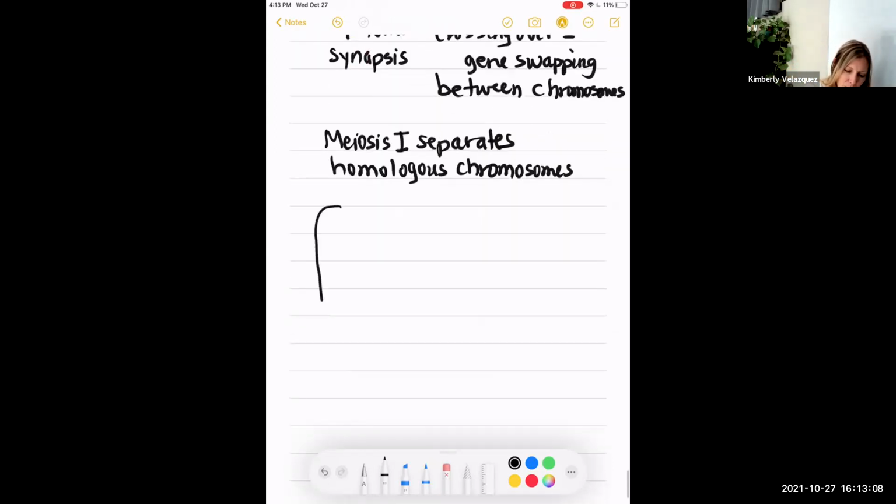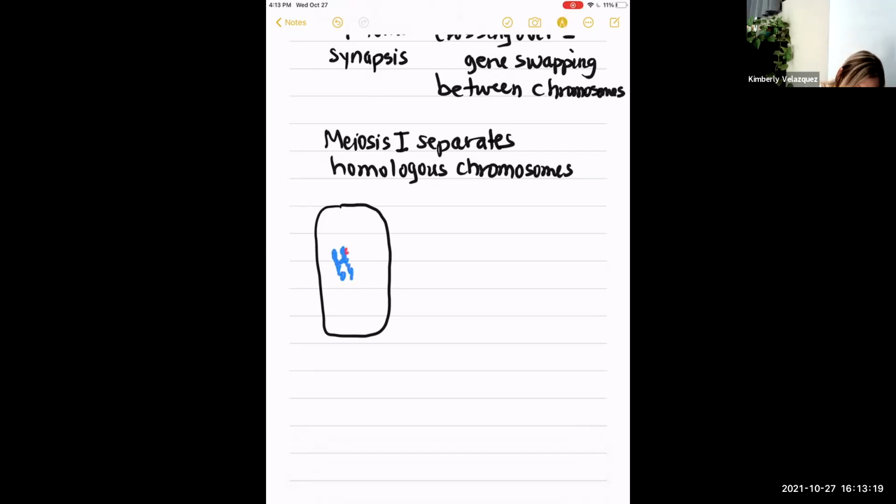So just a very quick drawing. Prophase. I'm just going to draw 1 pair of chromosomes here. They paired up, they did some gene swapping, and so now they're kind of a mixture of DNA.